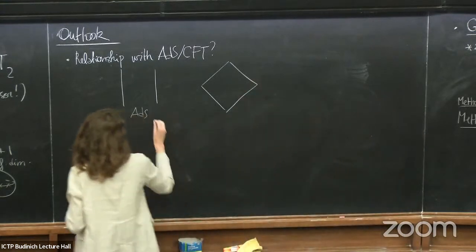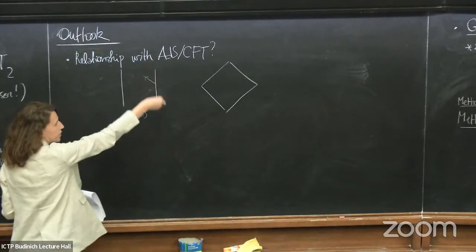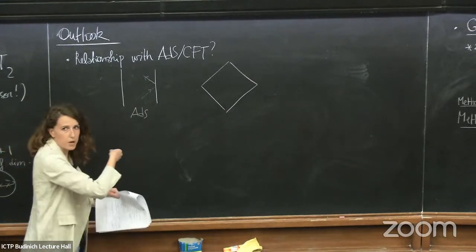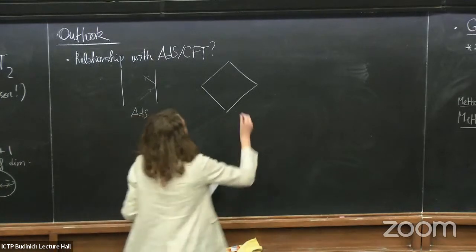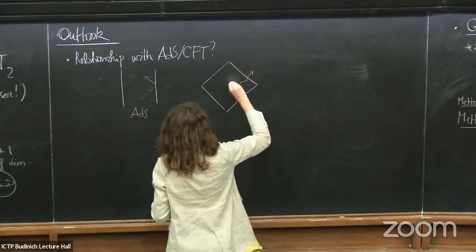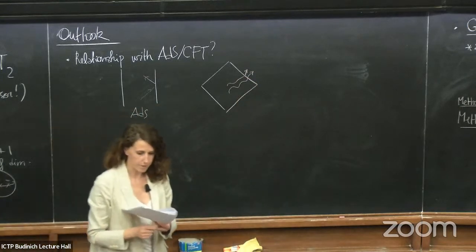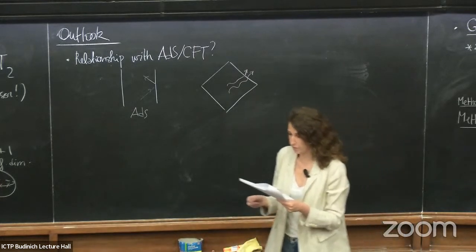Because in AdS, we are used to putting some reflecting Dirichlet kind of boundary condition, where AdS acts like a box. But now in flat spacetime, as we have seen, we have gravitational waves escaping the boundary. So there is some leak of radiation that we have to account for.